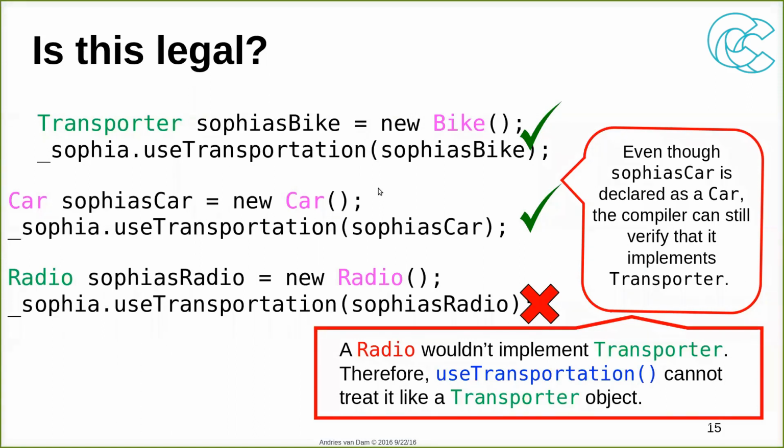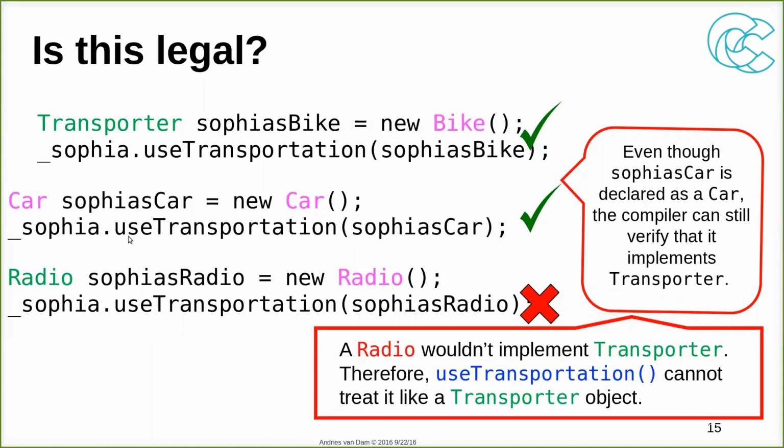In this example, Transporter sophiasBike = new Bike, and let's suppose my use transportation function was accepting a bike parameter. Inside that function, can it access bike methods also? Inside this, yes, it should be able to.